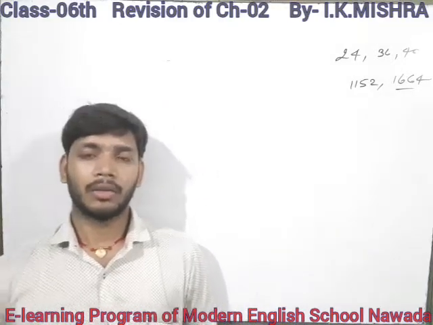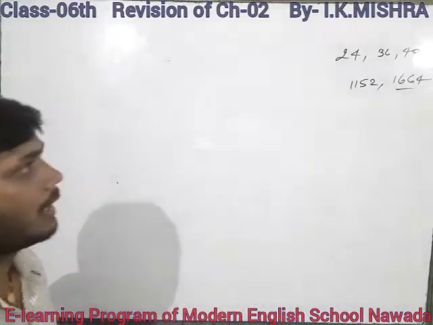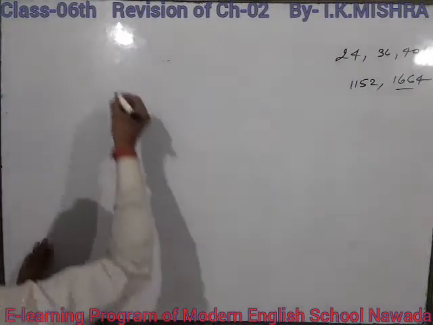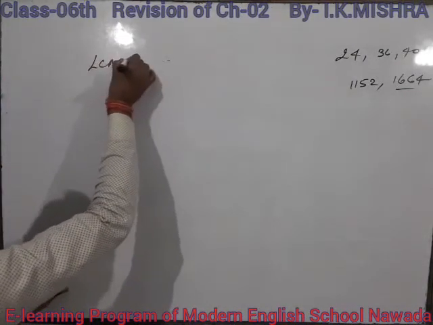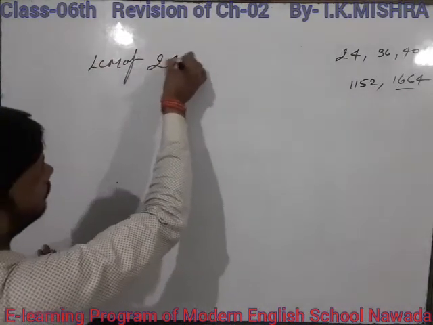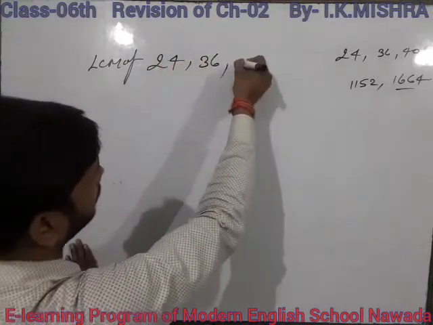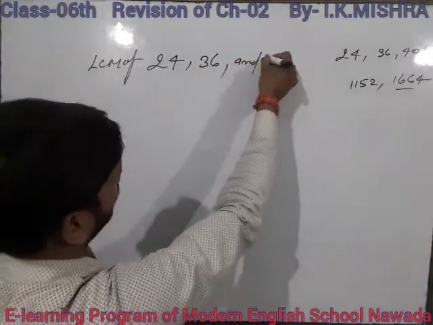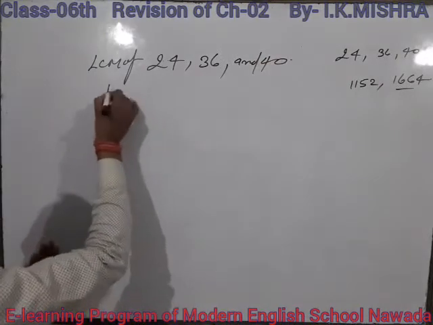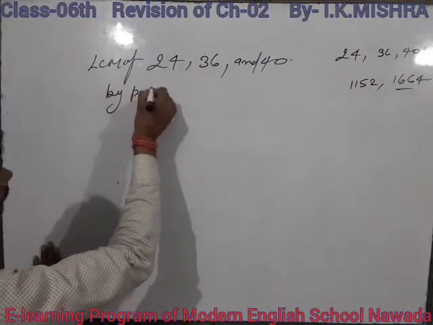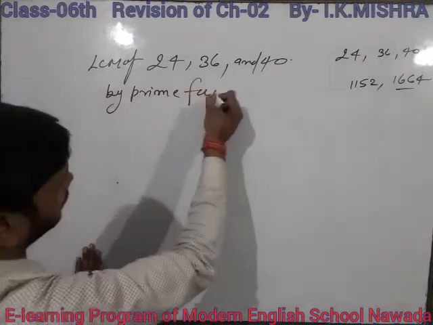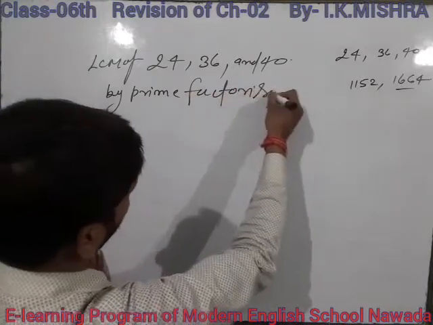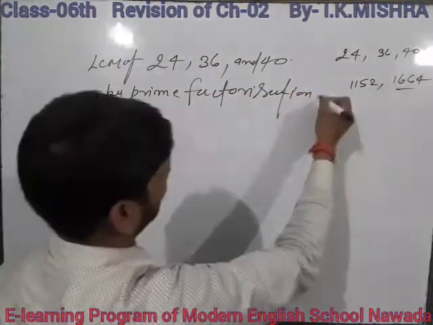Here you have to find the LCM of 24, 36 and 40 by the prime factorization method.